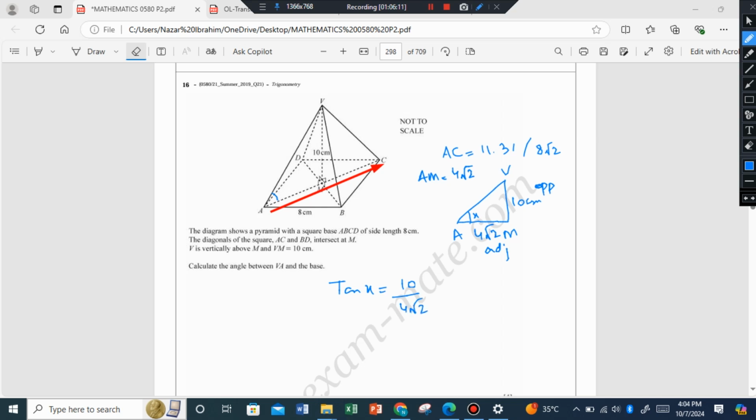So solving it, again I'm explaining the way, tangent inverse, which we will be using, doing it by calculator, 10 upon 4 root 2, which is giving me the angle 60.50 degrees. Is it clear? So that is the required angle.